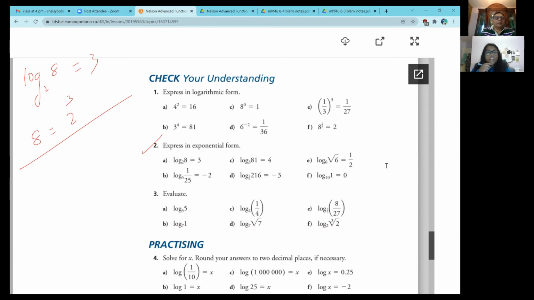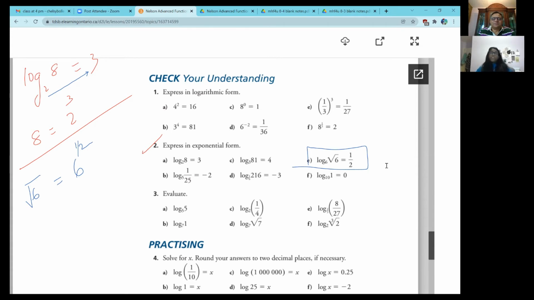Yeah. Just take the base on the other side, leave the numbers, right? Now let's do E part. Log to the base 6 of square root 6 equals half. Exponential form. Do you see that?